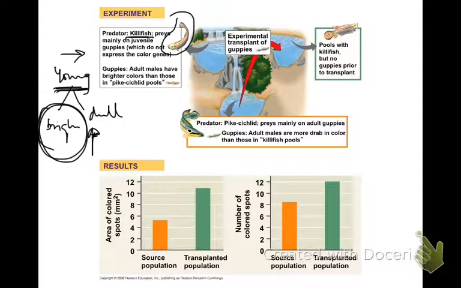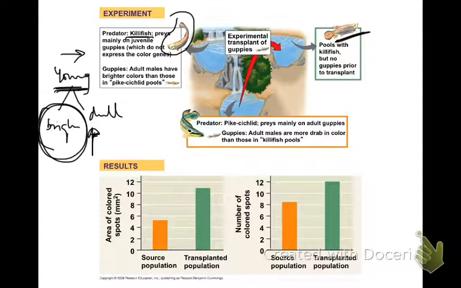On the other hand, they had a second pool in which there were no guppies prior to the transplant, just the killifish present in it.